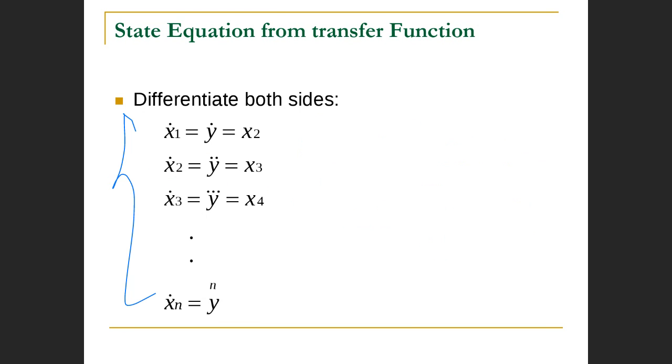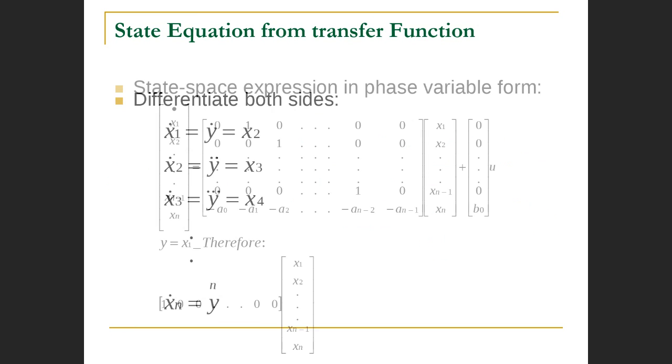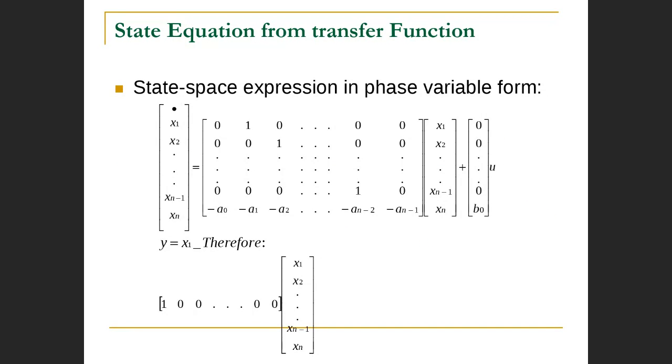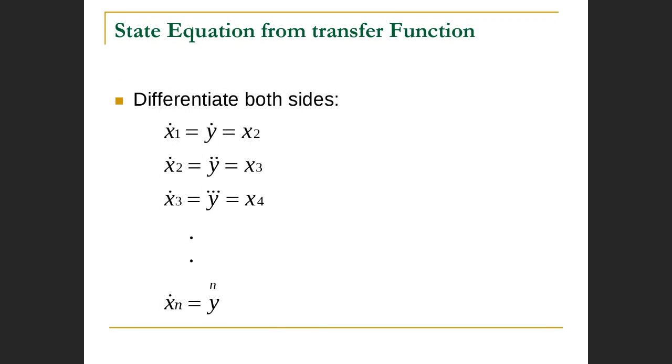Now, having done that, we can express this system in terms of a state space model, and it will look like this. Remember we selected our state variables and differentiated them, because the state equation is simply the derivative of the state vector.